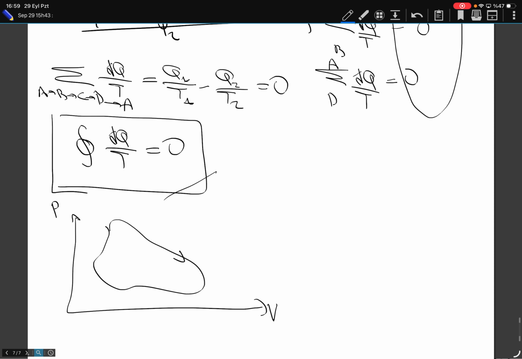Well, basically, I divide this into very small Carnot engines. Let's say that I run a Carnot engine along this line. And then another Carnot engine along this line.